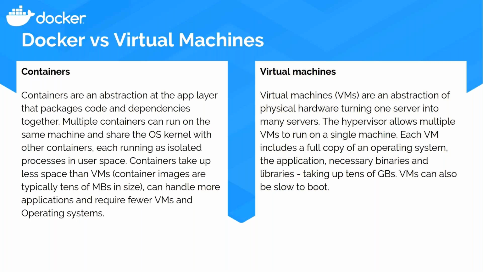Container images are typically tens of megabytes in size, can handle more applications, and require fewer virtual machines and operating systems. On the other hand, virtual machines are an abstraction of physical hardware turning one server into many servers. The hypervisor allows multiple virtual machines to run on a single machine. Each virtual machine includes a full copy of an operating system, the application, necessary binaries and libraries, taking tens of gigabytes, and can also be slow to boot.